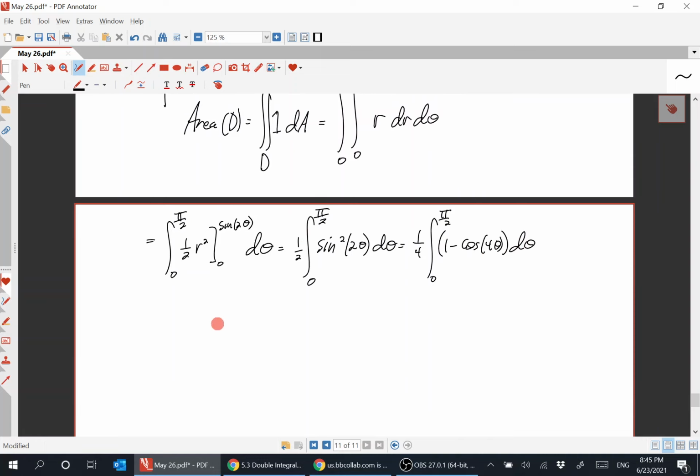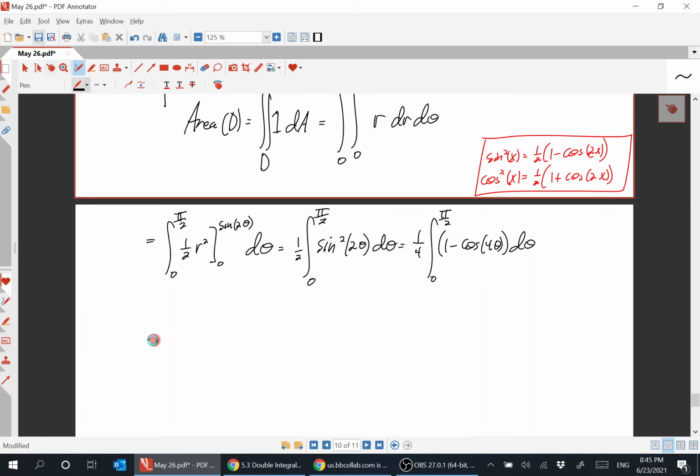Right, the double angle formulas were sine squared x is 1/2 times 1 minus cosine 2x, and cosine squared x is 1/2 times 1 plus cosine 2x. So double angle formulas or half angle formulas, whatever you want to call them.